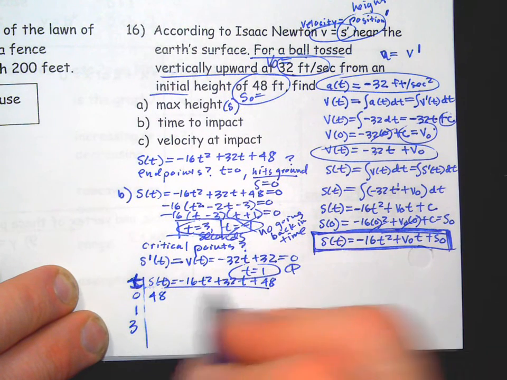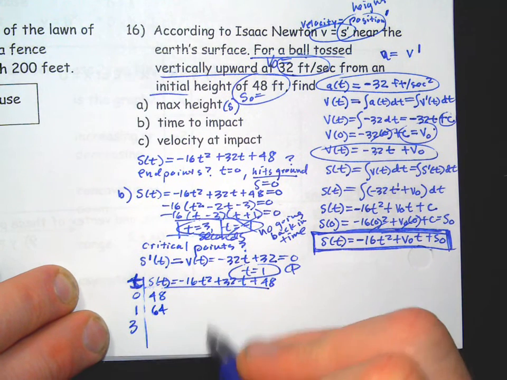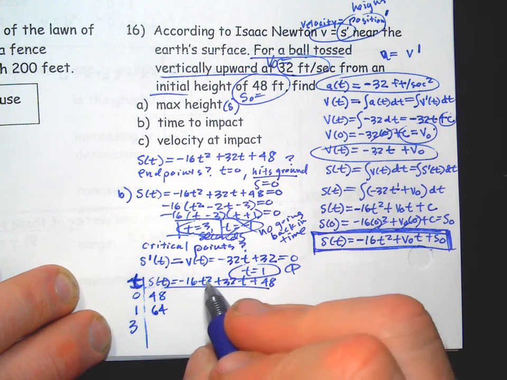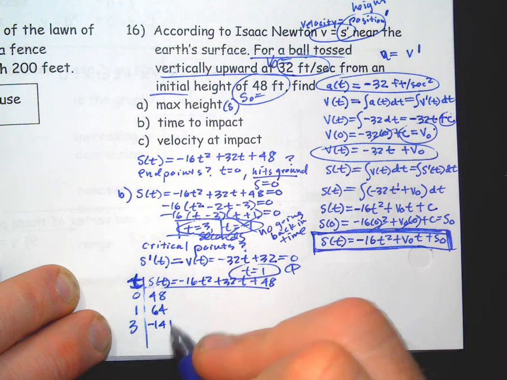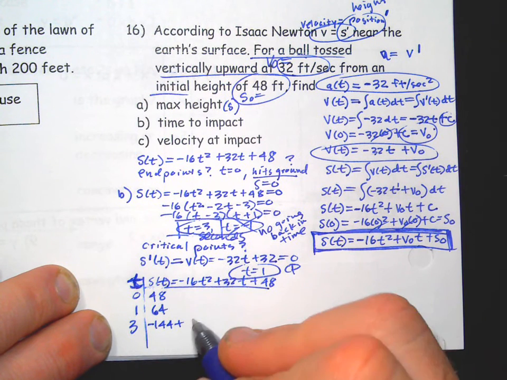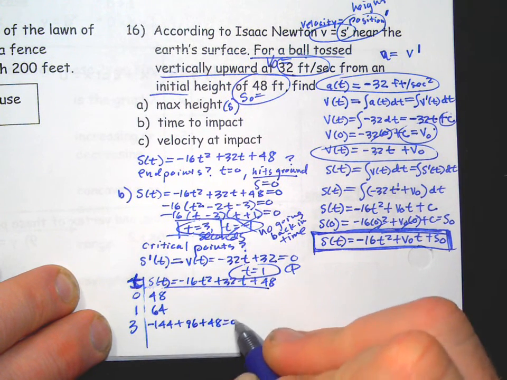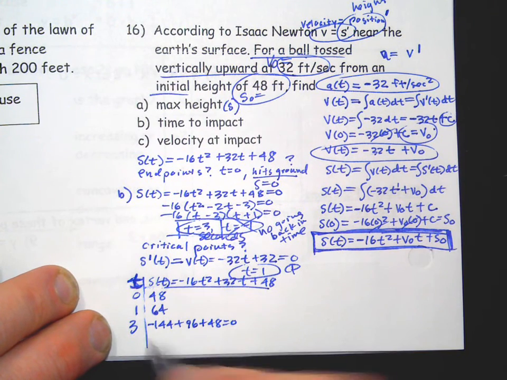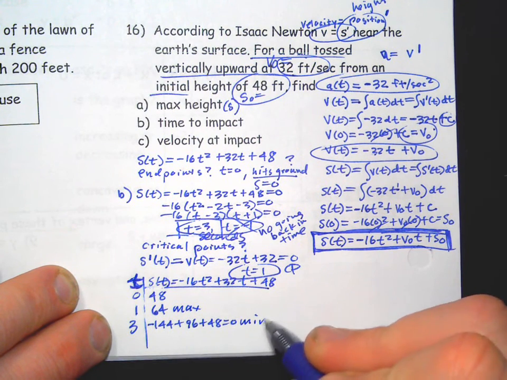Plug 1 in, you get 64. And you plug 3 in, you get negative 144 plus 3 times this would be 96 plus 48 equals 0, by the way, every time, because that's how we found it, when position is 0. So here's your max, here's your min, okay?